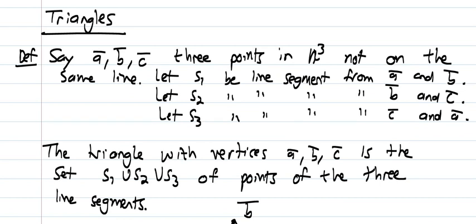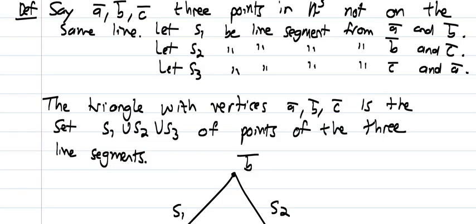Now we talk about segment S1, which is the line segment from point A to point B, line segment S2, which is the line segment from point B to point C, and line segment S3, which is the line segment from point C to point A. So the triangle with vertices A, B, C is the set which is the union of the three line segments given.